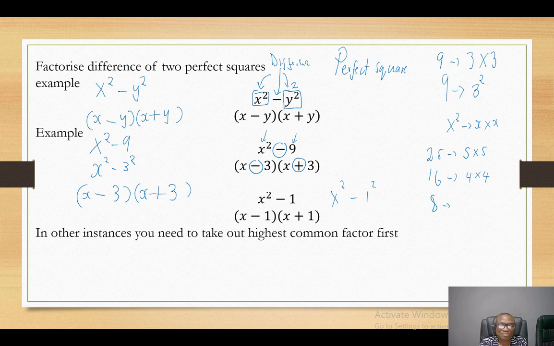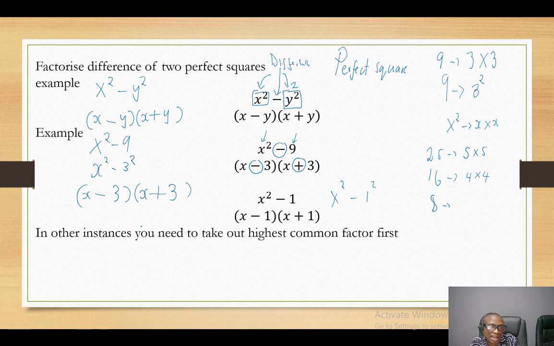Now, I've taught you how to factorize by taking out the highest common factor, and I've taught you how to factorize the difference of two perfect squares. Now, read what I've written here.